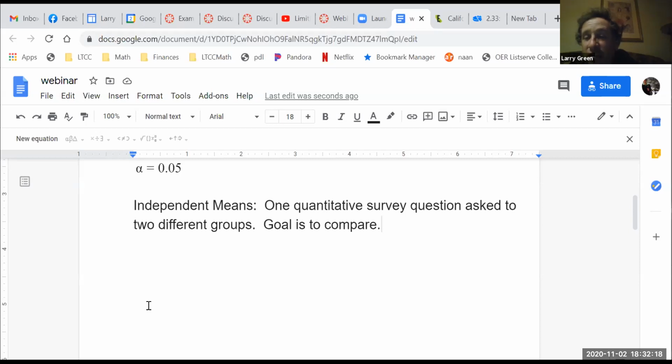So what is the goal of stratified sampling? If you stratify by gender with men and women, for example, the goal is not to compare men versus women. Yeah, it's to reduce bias. Whereas now our goal is to compare 2 groups.